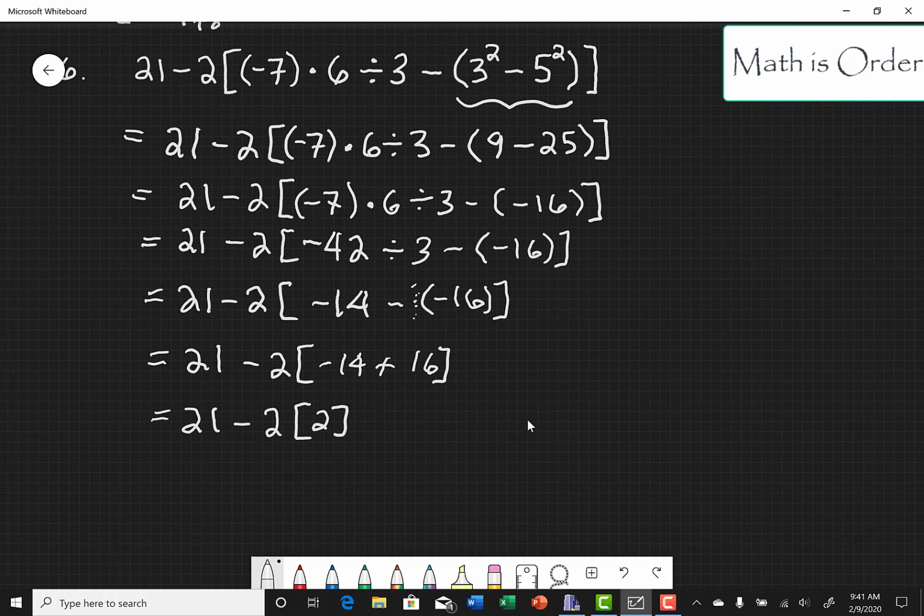And since we have a single number in that bracket, we are finished inside that bracket. But if you remember, anytime you have a number next to a parenthesis or bracket, it indicates that you should multiply. So negative 2 times positive 2 is giving us a negative 4, so we're going to have a final answer here of 17.